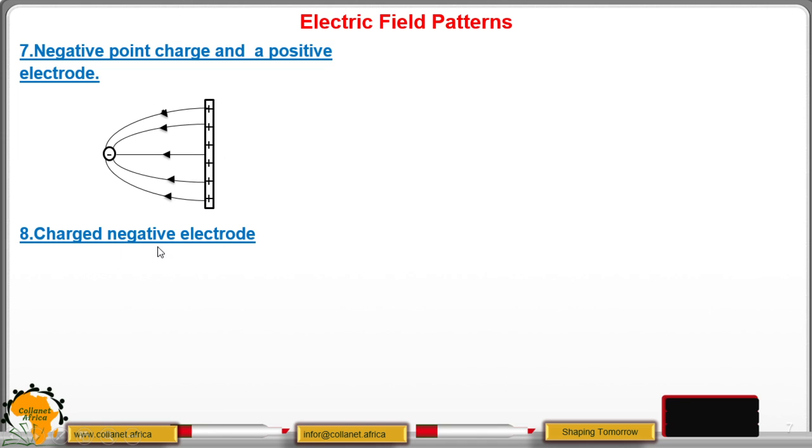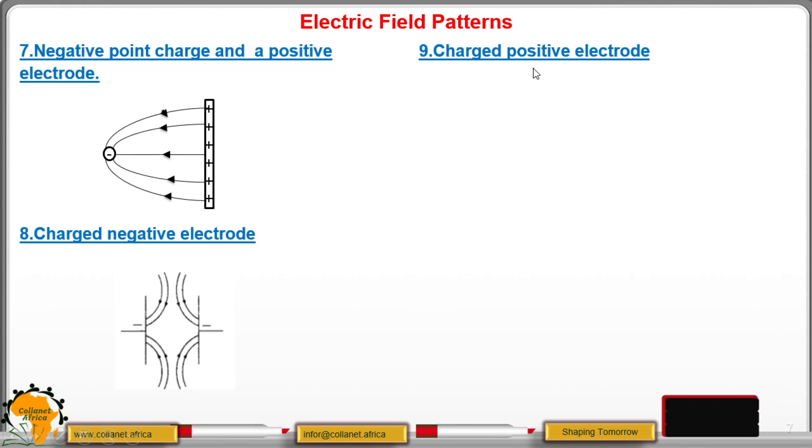Then we have charged negative electrodes. As you consider the two charged electrodes, there will be repulsion, but note the direction of arrows. Remember, if you don't indicate the arrows, then those will not be electric field lines. For us to draw electric field lines, you must ensure that the arrows are indicated.